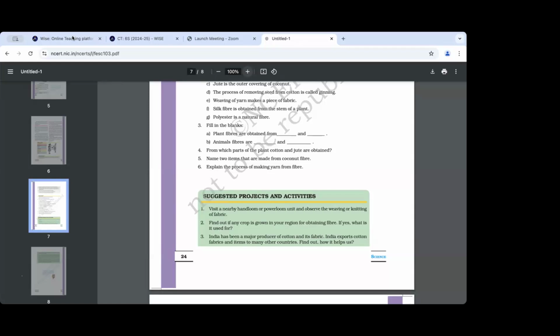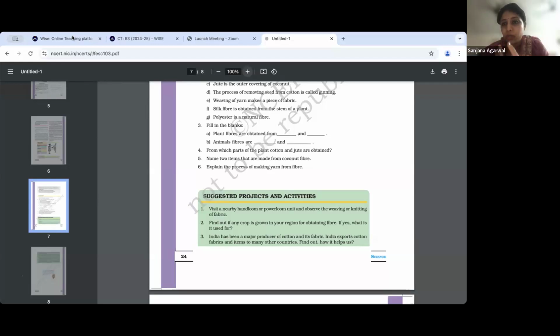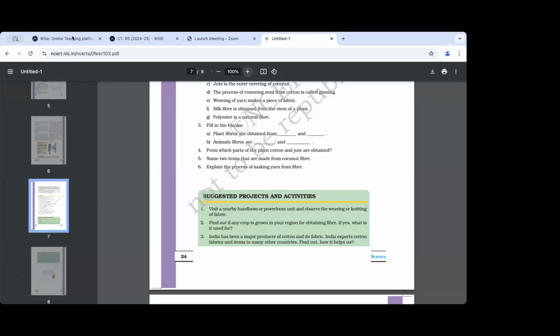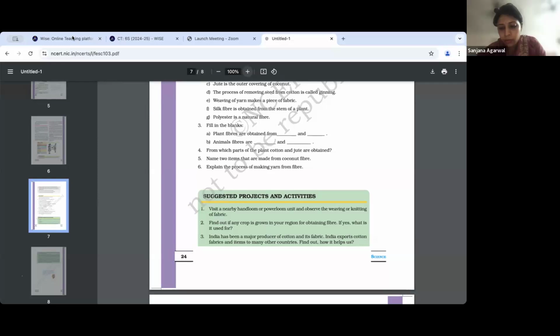Ma'am, the process of making yarn from fiber is called spinning. Dear, that's a one-word answer. Question is asking you to explain. Ma'am, it is twisted. We need to twist the yarn, then we need to spin the yarn, we will get the fiber, ma'am. Okay.